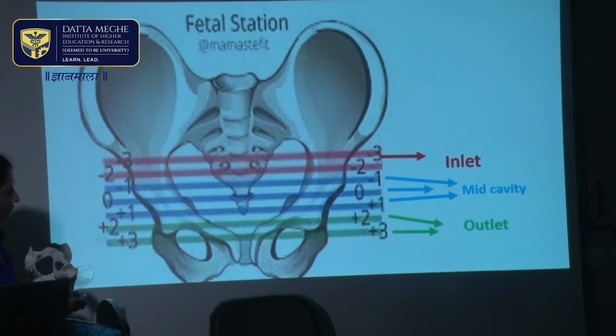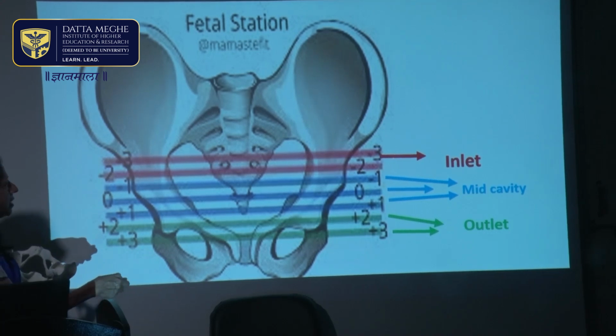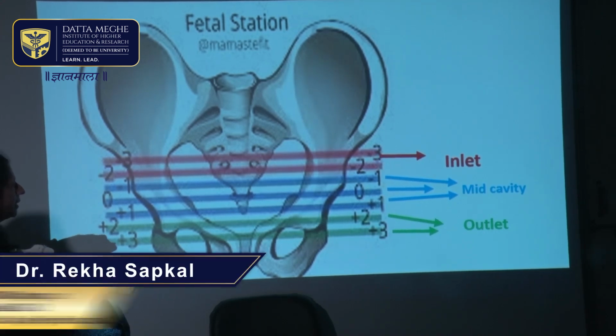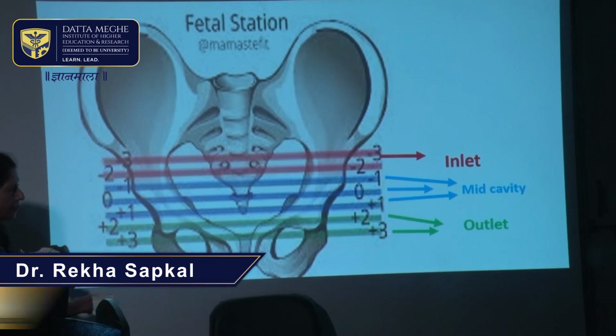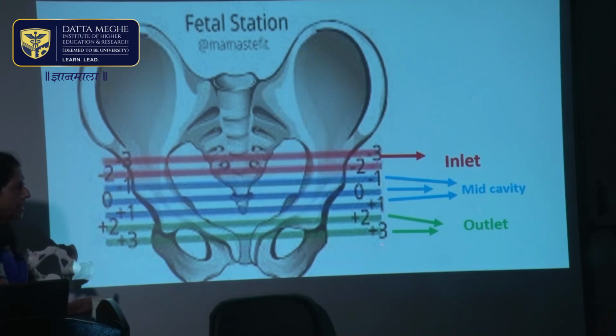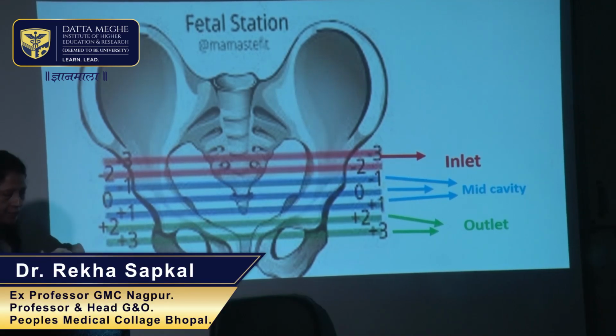Broadly, this diagram will help you understand: inlet, mid cavity, plus minus 1, 0, plus 1, outlet plus 2, plus 3, plus 4, and 5 on the pelvic floor. This is about the bony pelvis. Plus 4 means it is on the levator ani, plus 5 means at the introitus. This is the difference between plus 2 and plus 3 station.